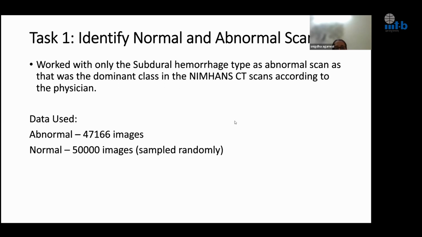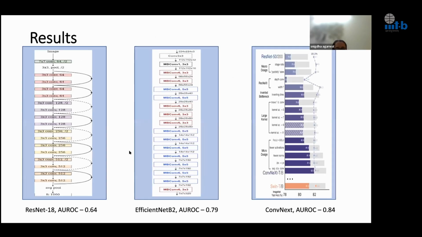We worked with only the subdural hemorrhage type as the abnormal class for now, as according to the physician, this was the dominant class in the NIMHANS CT and was of most concern to be reported. For this, from the RSNA data set, we have used the abnormal 47,000 images, and we have randomly sampled 50,000 images from all the normal images.